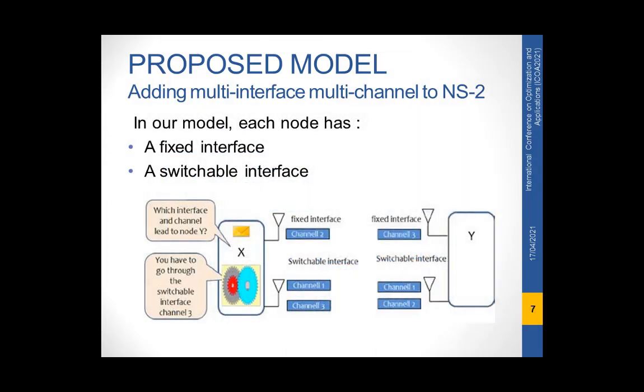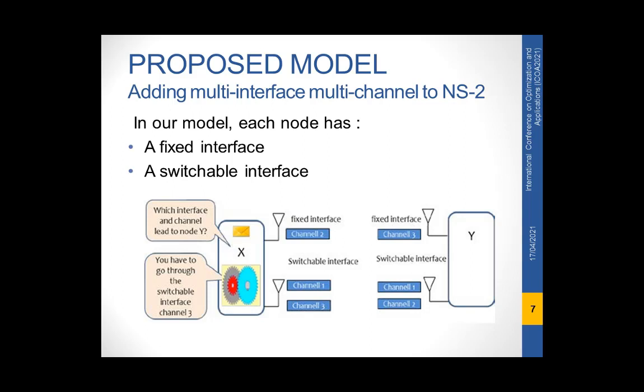In this slide, we discuss adding multiple interface multi-channel to NS2. To support multiple interfaces, we modified the architecture, so each node has a fixed interface that is assigned for long periods of time to a channel, and a switchable interface that is dynamically assigned to a channel for a short duration.